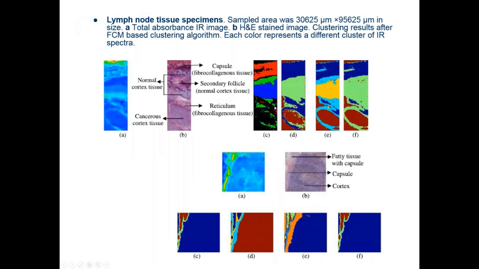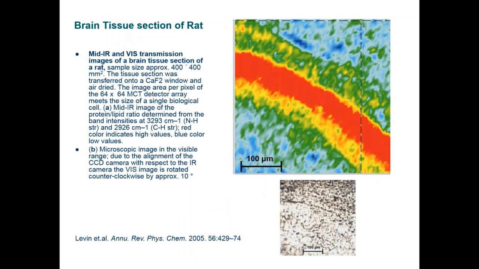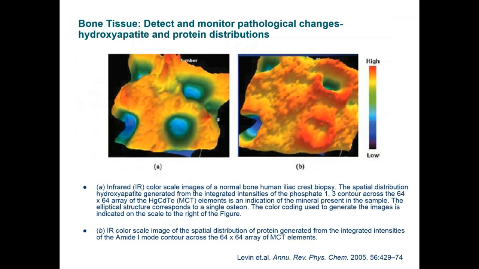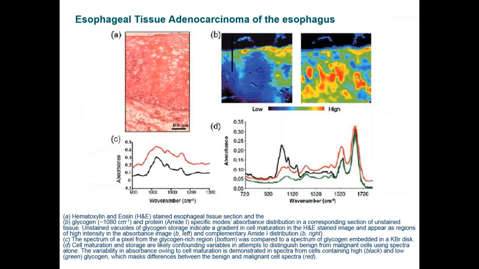And then here you can see the distribution for very specific frequencies that were assigned during the chemometrics analysis. Let me skip these several examples on IR imaging so I can go to other types of methods. What you can see here is basically IR imaging is very important for histology and pathology, in that you can extend it towards spectroscopic mapping and quantitative analysis. Again, let me skip these last few slides.